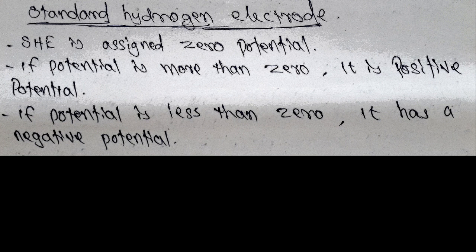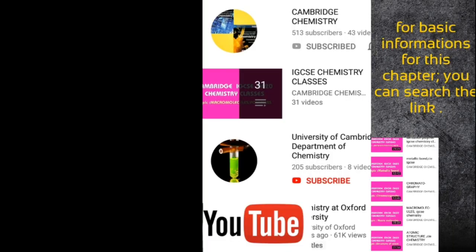You are given these values, and you have to write the electrochemical cell using them.